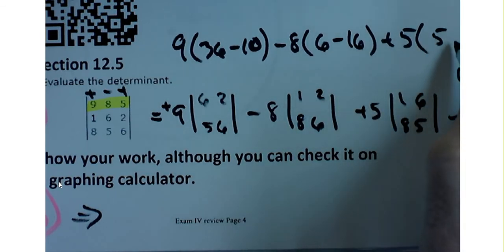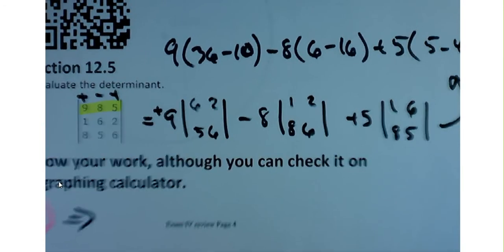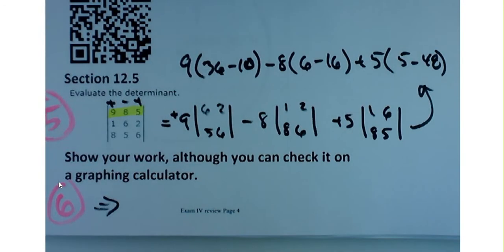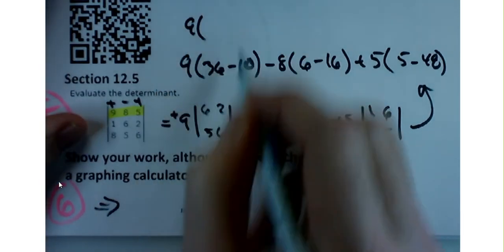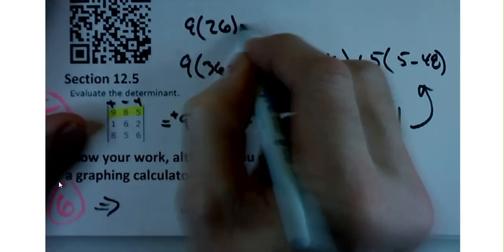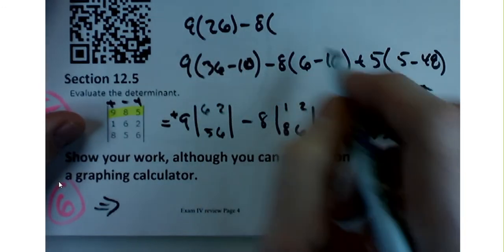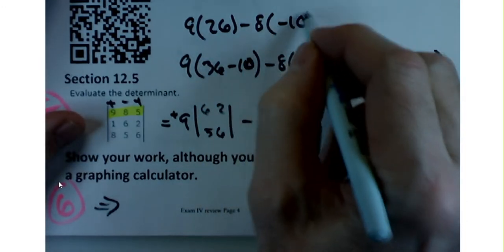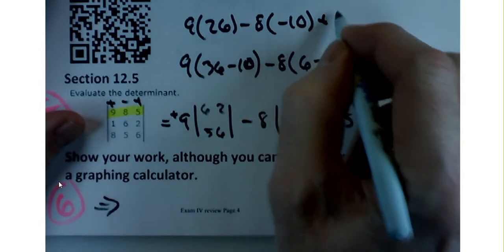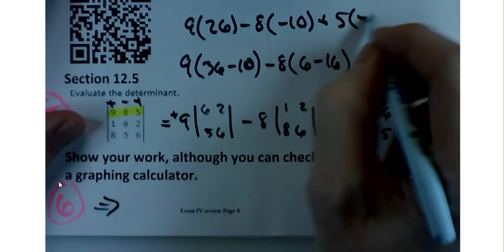So 5 minus 48. And then it's just a matter of cleaning things up. 9 times 26 minus 8 times negative 10 plus 5 times negative 43.